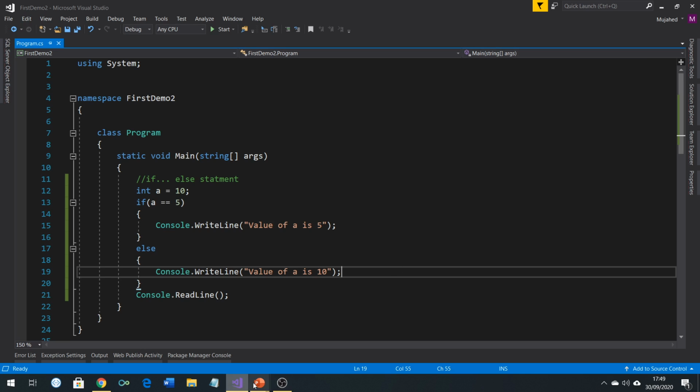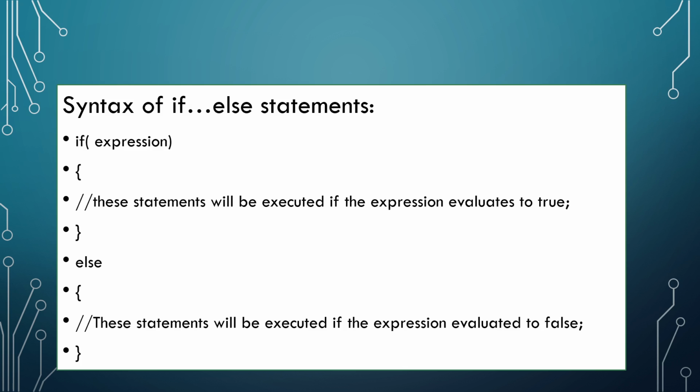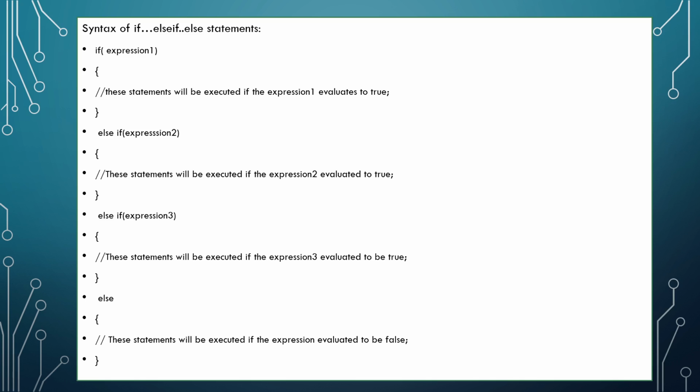Now let's understand the another statement, the if, else if statement. The if statement can also be followed by an if, else if and else construct. This is very useful in testing multiple conditions. If we have an if expression 1, then we have a piece of code.